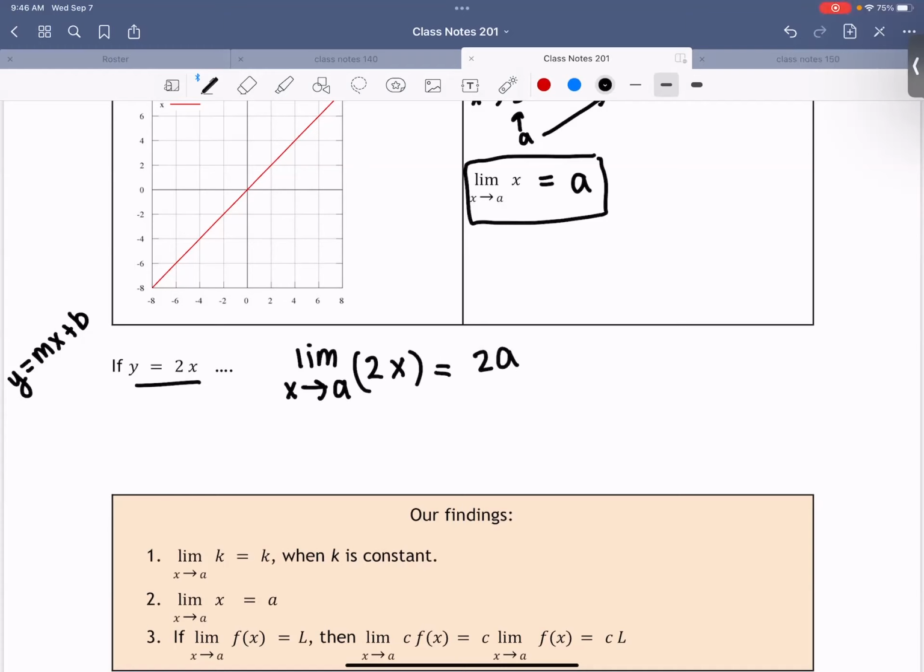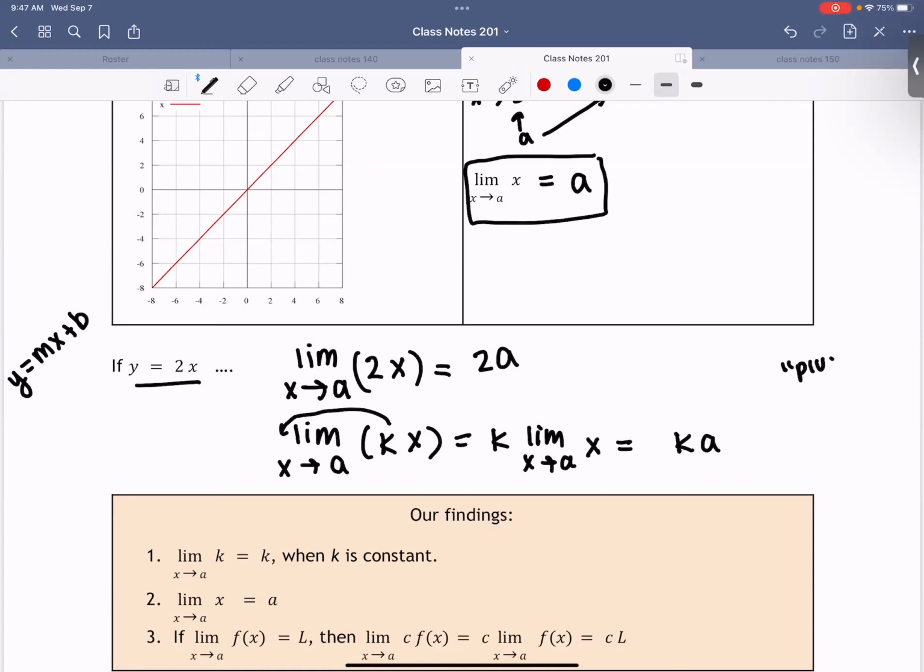In general, it doesn't have to be 2, right? Anytime we have k times x, we can bring that k out, okay? So this is k times the limit as x approaches a of x, and we're essentially plugging in a. Okay, so whenever we see a constant times x, we can also just essentially plug in to the limit. So plugging a into x.